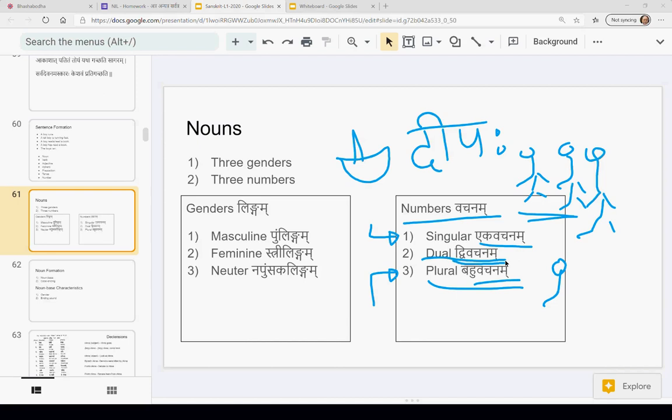Dvivachana forms also we should use, but we'll look at them later. If there are only two objects, we should not use the plural form in Sanskritam. That is not correct. Dvivachana form is to be used.